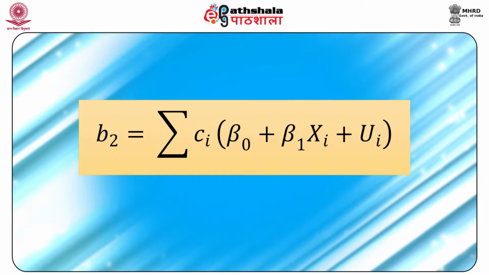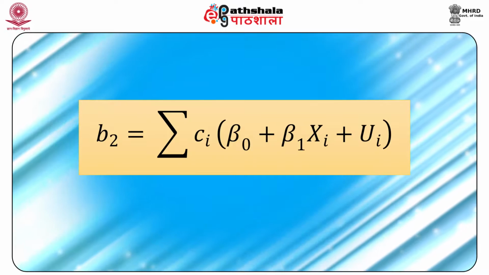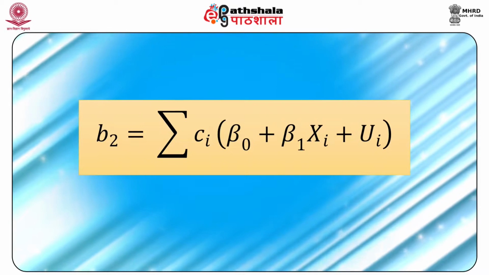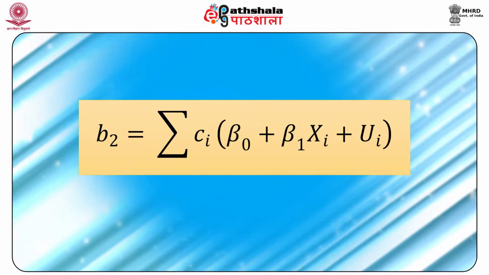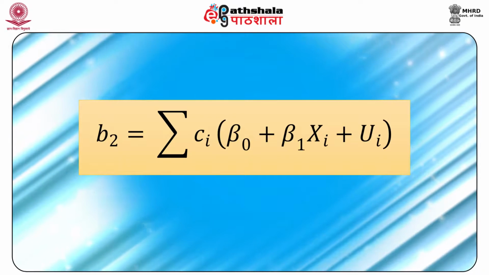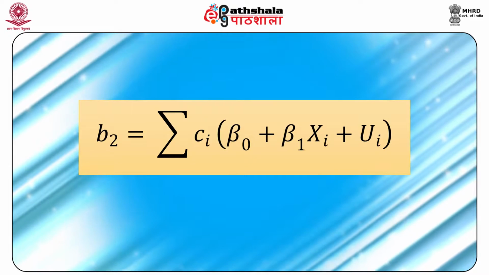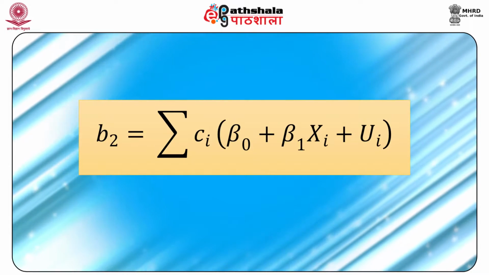If you rewrite the equation in terms of the population regression function, we obtain B2 equal to sigma Ci into beta 0 plus beta 1 xi plus mu i. Since Ci, beta 0, beta 1 and xi are fixed, B2 is a linear function of the disturbance term mu i, which is assumed to be random. So the probability distribution of B1 and similarly of B0 will depend on the probability distribution of mu i.